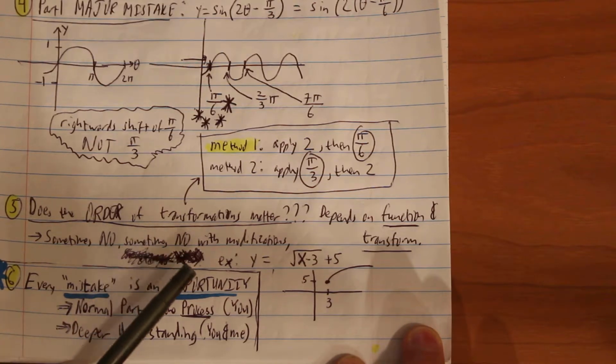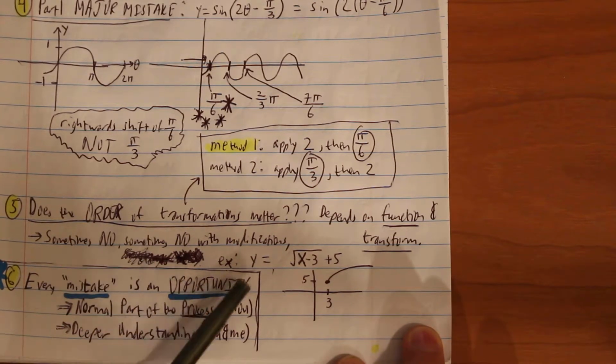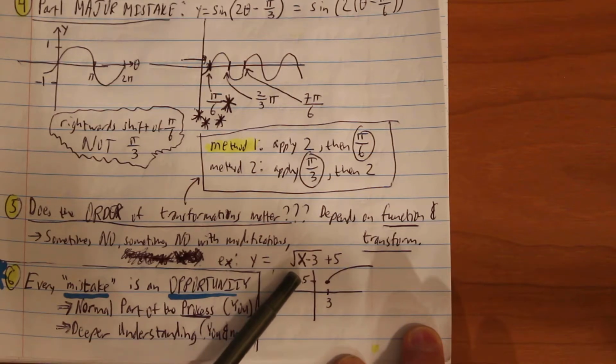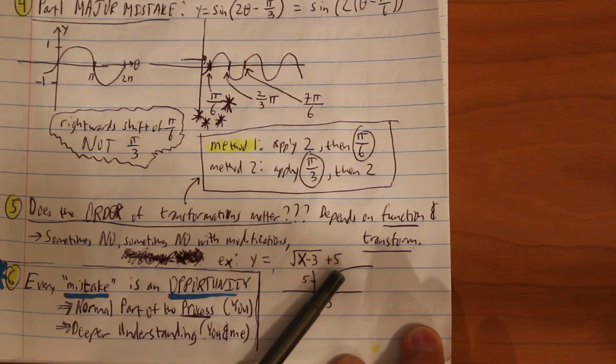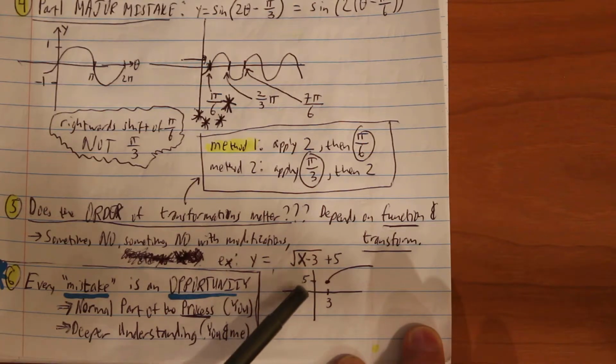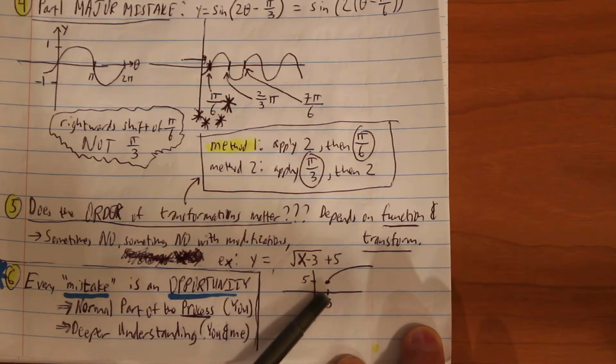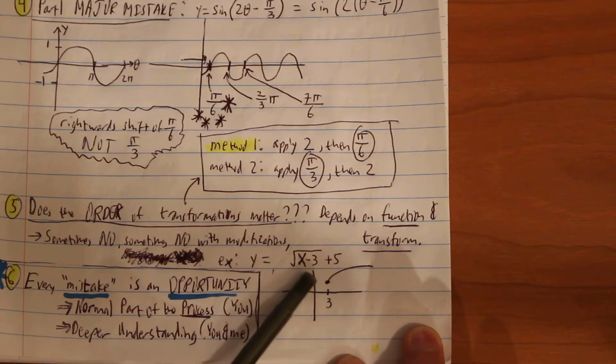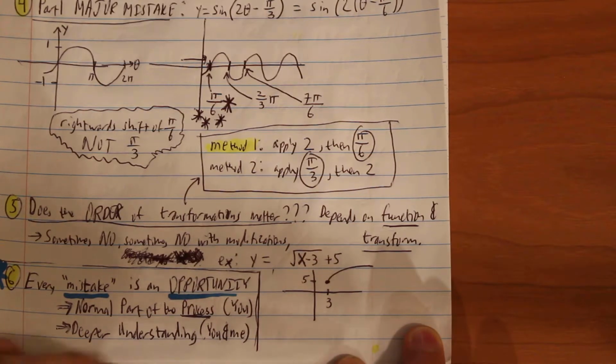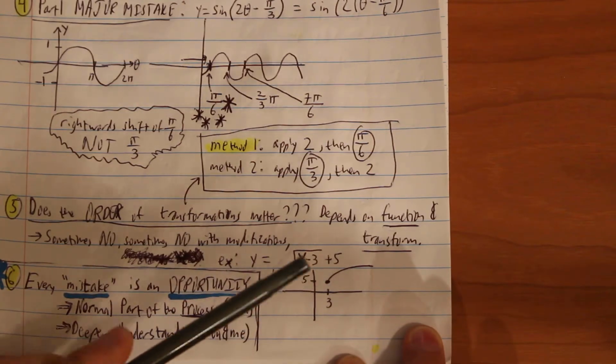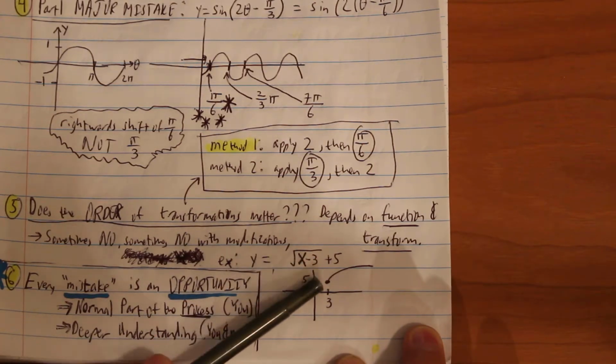Here's an example where it doesn't matter at all. Let's say you have y equals square root of x minus 3, plus 5. In this diagram, I've sketched it. The square root function got moved to the right by 3. That's this minus 3 here. It shifted 3 to the right. And that plus 5 at the very end moved everything up by 5. But notice we could have done this in 2 ways.